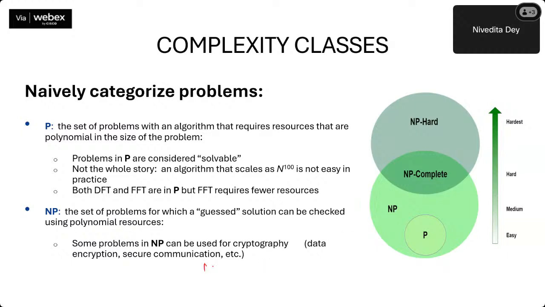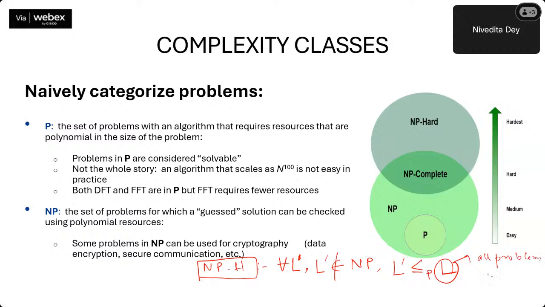Let me write over here. So NP hard is basically for all problems L, such that L dash, let me call it, L dash does not belong to NP, but for all L, where L represents all problems in NP, L dash is reducible to L. And this less than or equal to symbol is called a polynomial reduction.